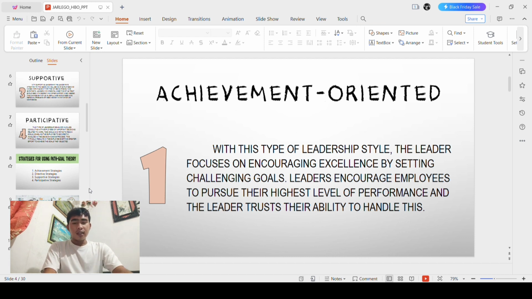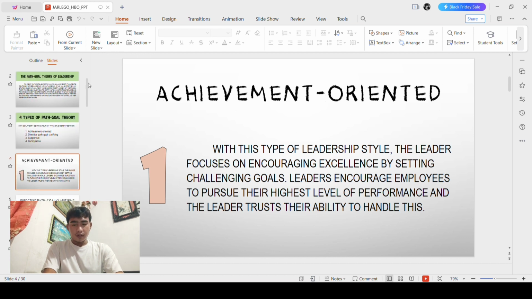So it involves setting challenging goals and expecting high performance from followers. And then the leader demonstrates confidence in the team's capabilities and motivates them to excel. This style is effective when followers are competent, motivated, and capable of meeting ambitious targets. It fosters a sense of achievement and encourages individuals to strive for excellence.